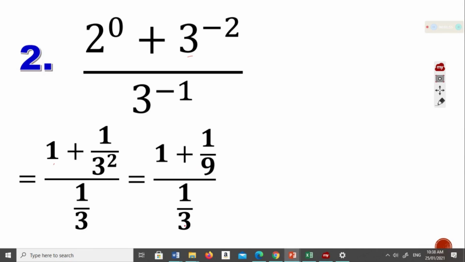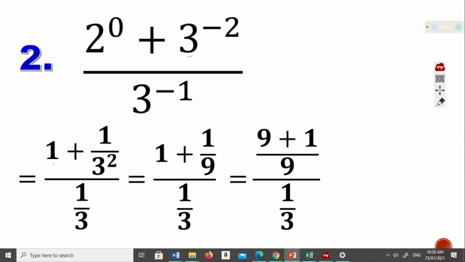So, copy lang yung the rest of the numbers. Equals, get the LCD, yung 1 and 1 over 9, so 9. 9 divided by 1 is 9 times 1 is 9, plus 9 divided by 9 is 1 times 1 is 1, over 1/3. Then you add 9 plus 1 is 10, copy yung 9, all over 1/3.